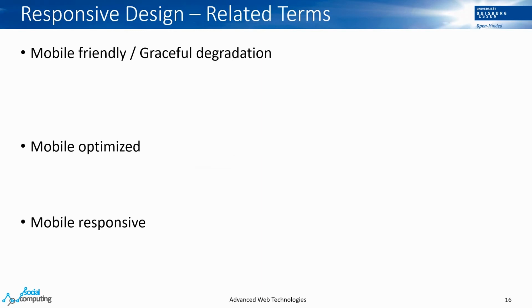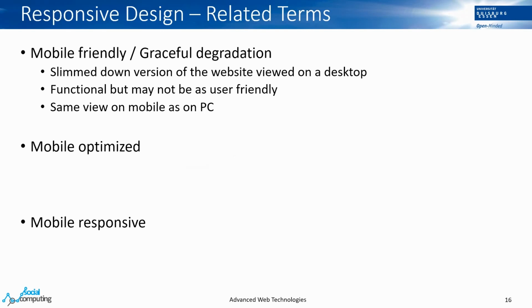The idea behind mobile friendly websites is that the website is designed in such a way that if it is viewed on a smaller or mobile device, then the same version is slimmed down, or zoomed out, so that it can easily be viewed on a smaller device.